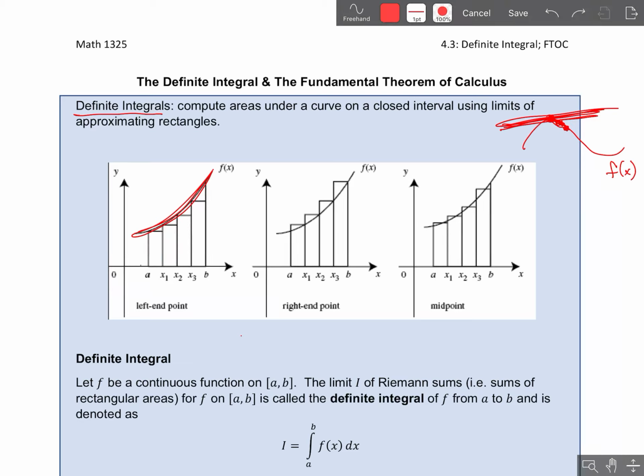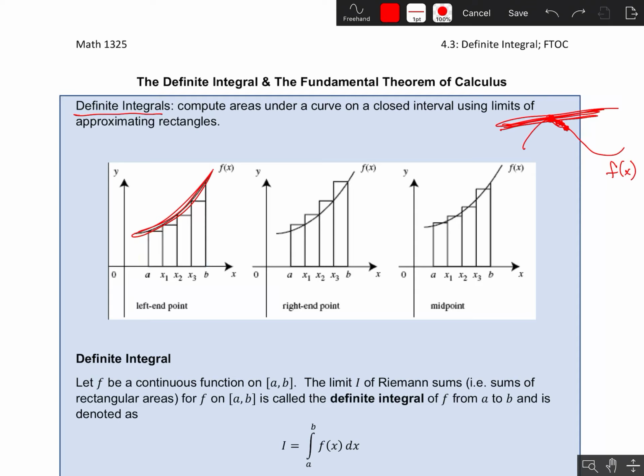I can take the limit as I get more and more rectangles squeezed under this curve. And as I take more and more rectangles, my approximation for that area becomes more and more precise. And in the limit, as the number of rectangles goes to infinity, I'll actually be able to recover the exact area under the curve. So I would want to take that limit as the number of rectangles goes to infinity.